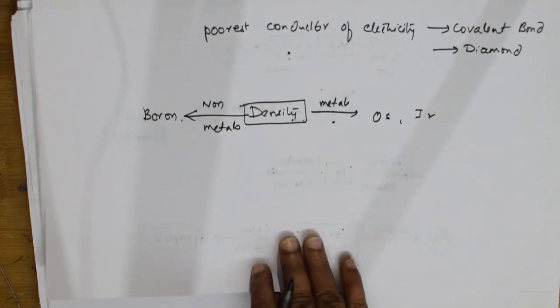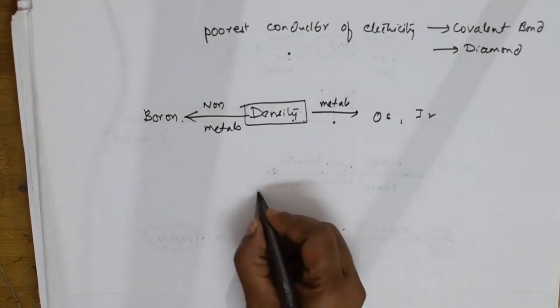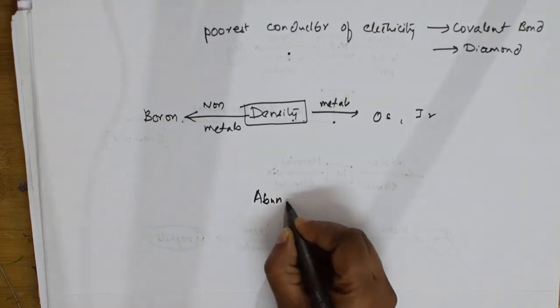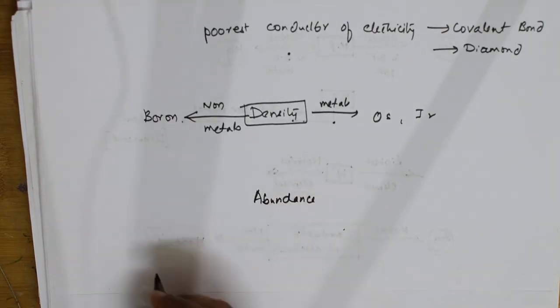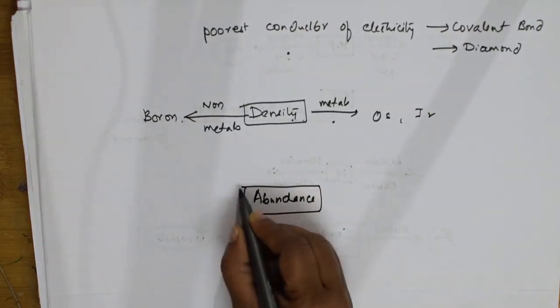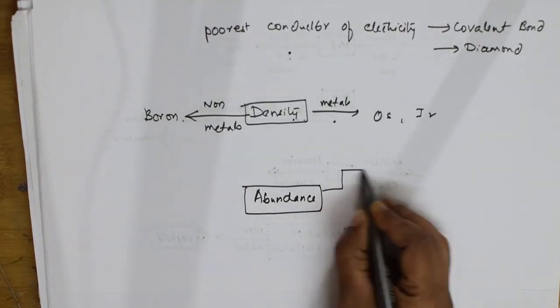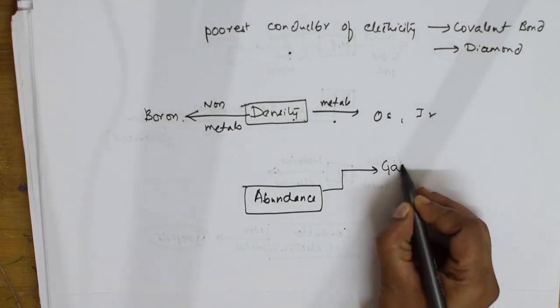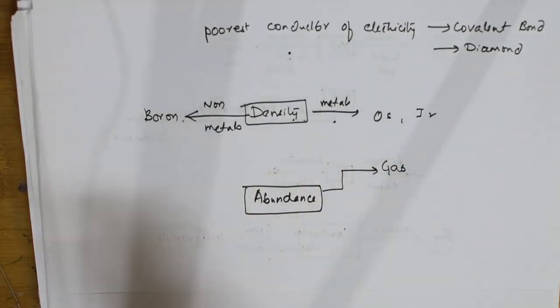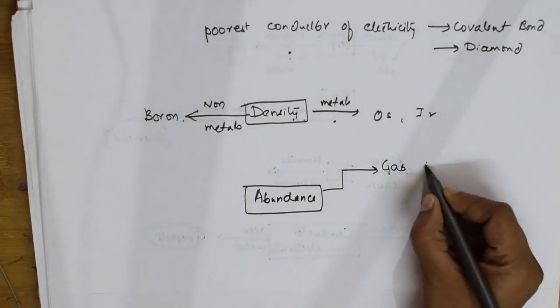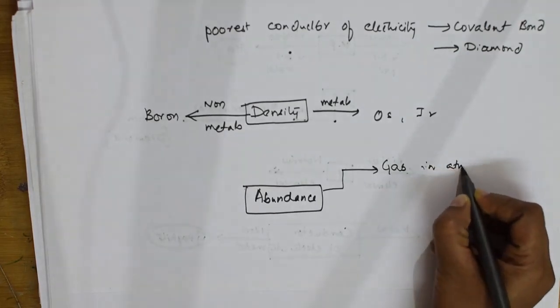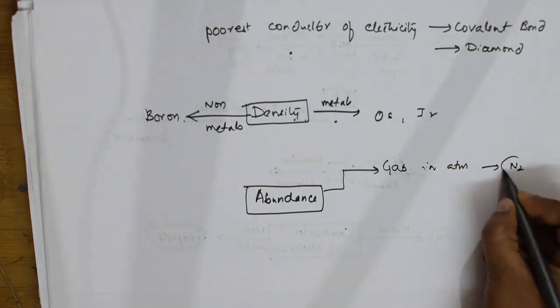Suppose they ask me a question in terms of abundance, like abundance in earth's crust, abundance in the universe. The gas abundant in the atmosphere is nothing but nitrogen.